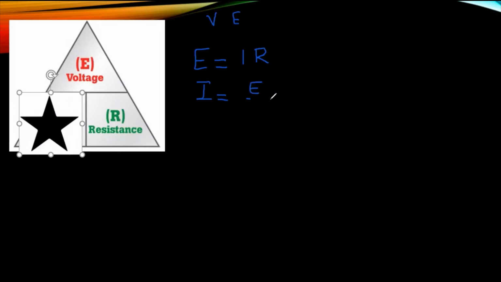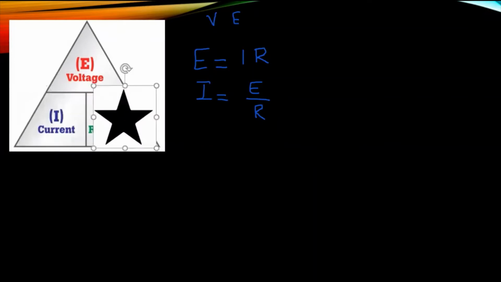E by R. Now similarly, if you are supposed to find the resistance in a circuit, R is equal to E by I.